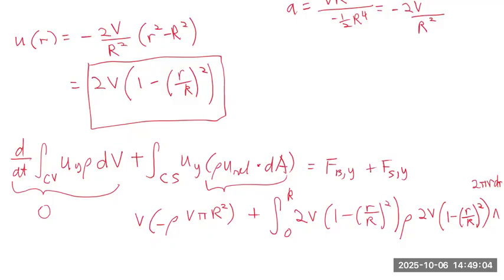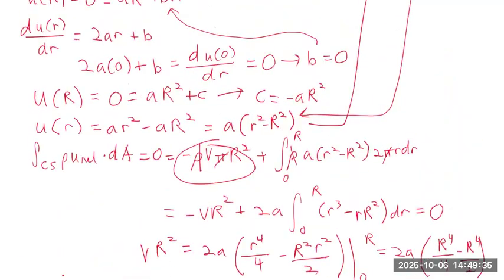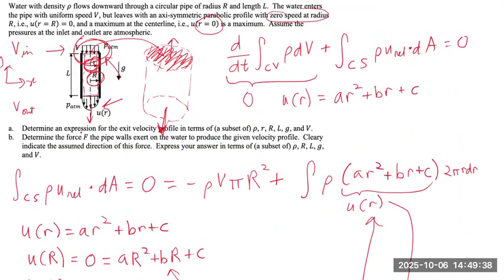So this is then going to be equal to the weight of the fluid, which is first rho times the volume, because rho is mass per volume.